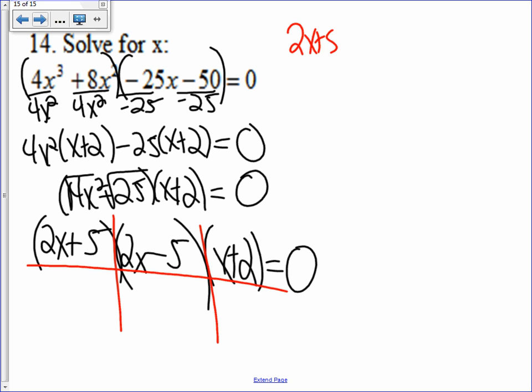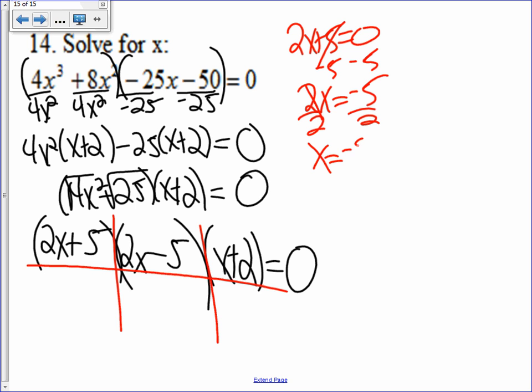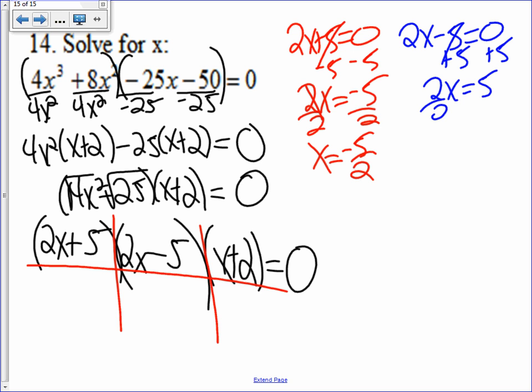2x plus 5 equals 0. Solve that one. I get x equals negative 5 over 2. You want to make that negative 2.5? Good for you. 2x minus 5 equals 0. Add 5 to both sides. Divide both sides by 2.